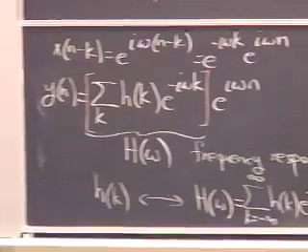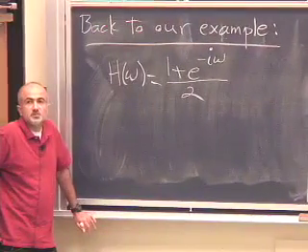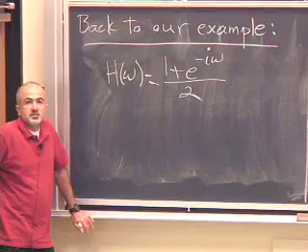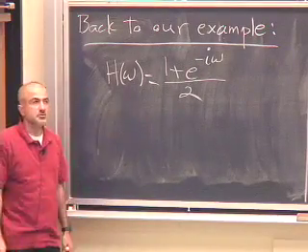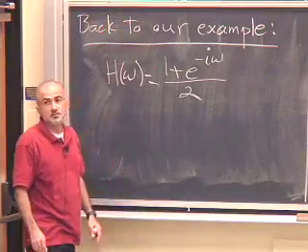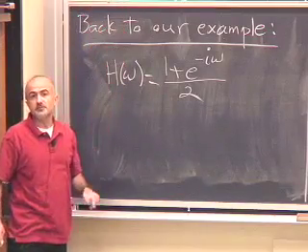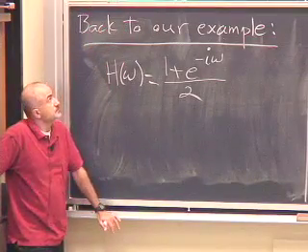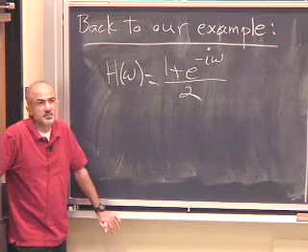So I want to figure out what the magnitude of the frequency response is. I expect it to have a peak around 0 and die out as I go toward pi and minus pi. So already I'm favoring the interval minus pi to pi, but it doesn't have to be that way. We'll see.